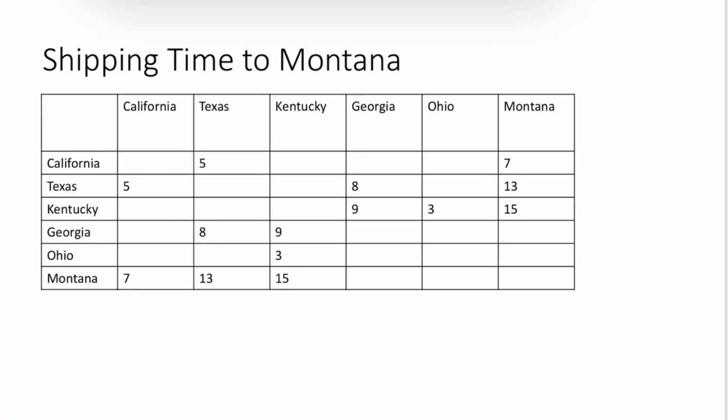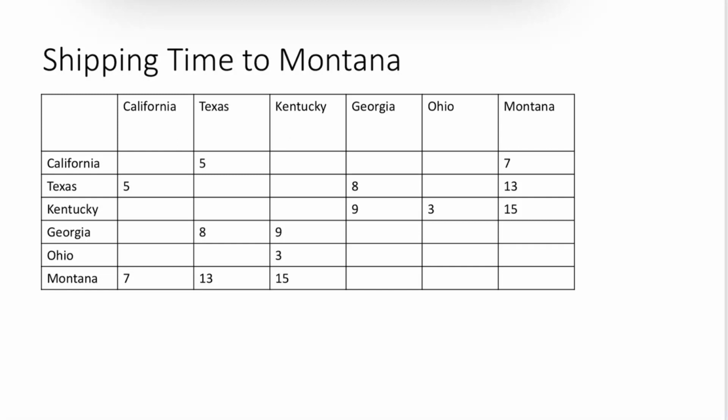Because remember, sometimes weighted graphs are not shown as an actual graph diagram, and sometimes they're shown as tables instead. So let's say that this table represented a graph that shows the shipping times between various shipping centers in different states.